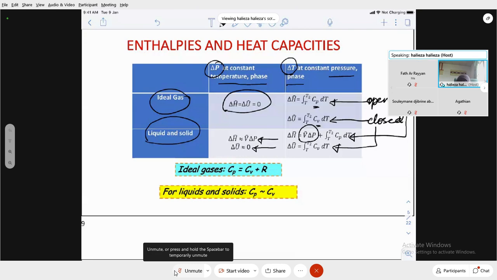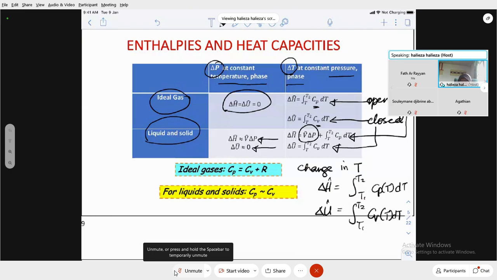Okay? But one thing I can say here is, whenever there is a change in temperature, you will calculate the change in enthalpy, which is always the integration from T1 to T2 of Cp with respect to temperature, dT. The change in internal energy is always the integration from T1 to T2 of Cv, not Cp, with respect to temperature, dT.